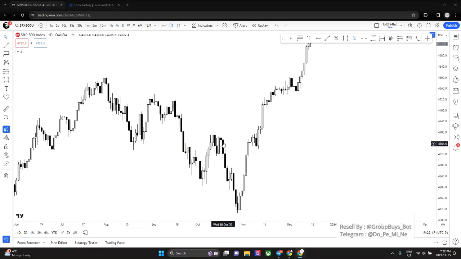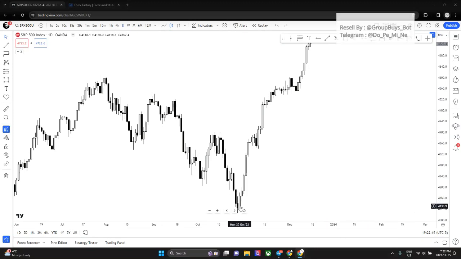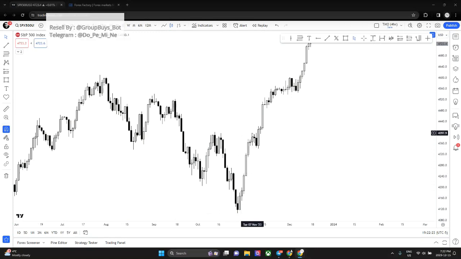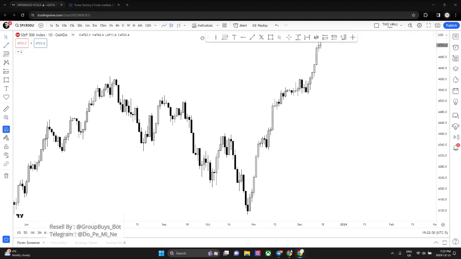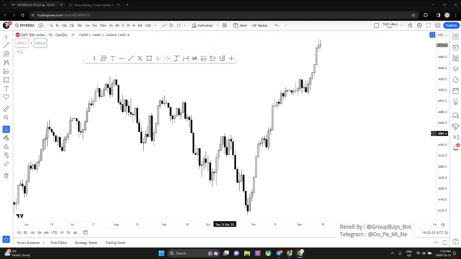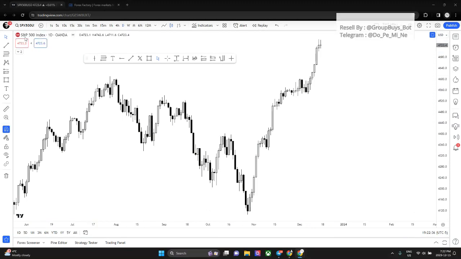So sometimes you'll see the stock market going down and the crypto market going up. If you ever see that happening, then you can anticipate a stop run in regards to crypto, Bitcoin, Ethereum, whatever you're looking at, and then anticipate the market to correct in the same direction in which the stock market is.